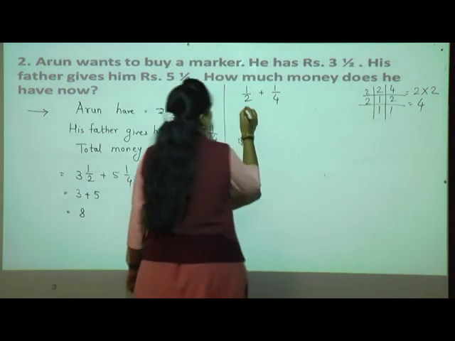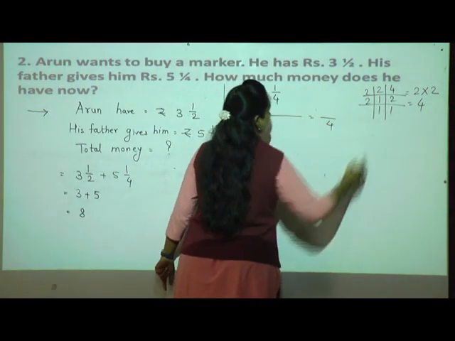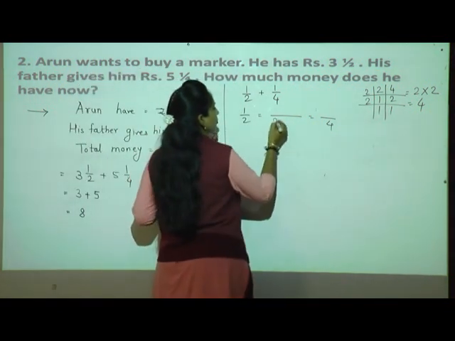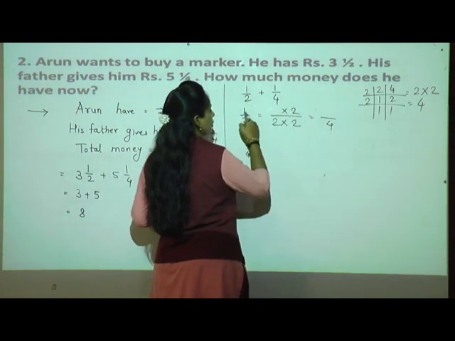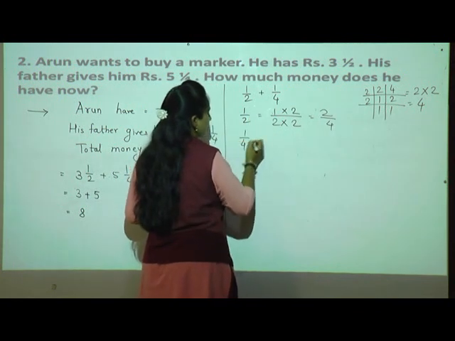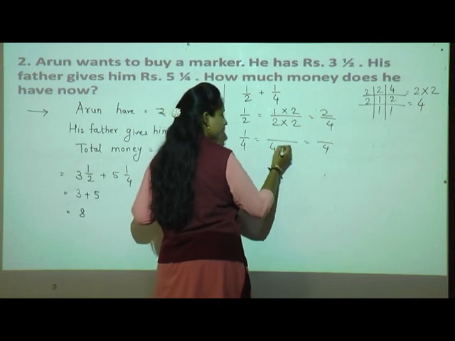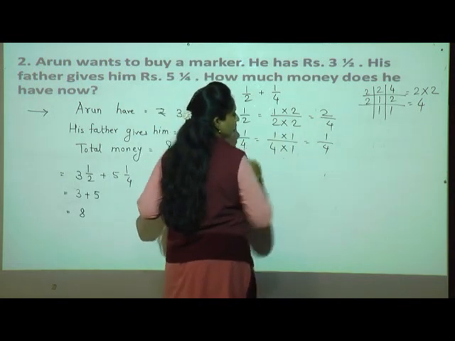So 1/2 is equal to, the denominator should become 4 because the LCM of 2 and 4 is 4 only. So we multiply by 2, 2 2s are 4. So here also 2, 1 2s are 2. The next, 1/4. The denominator should be 4. So 4 1s are 4. So here also 1, 1 1s are 1.